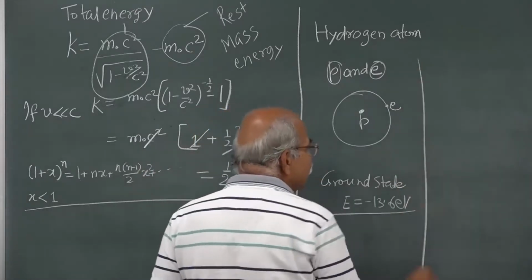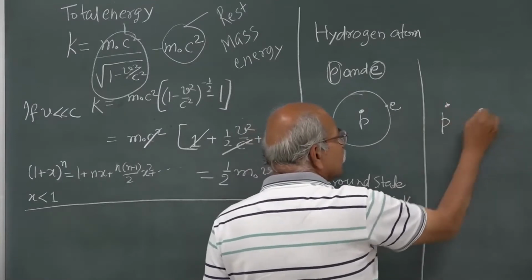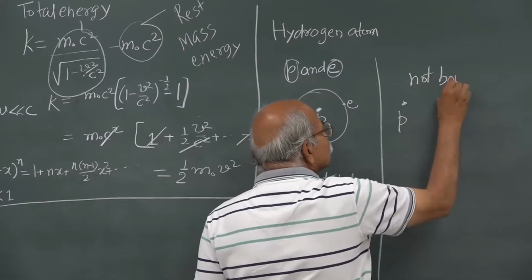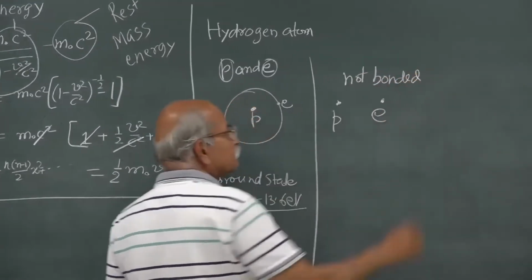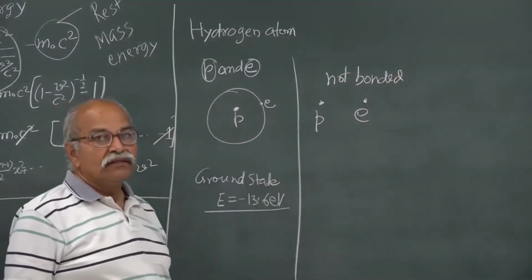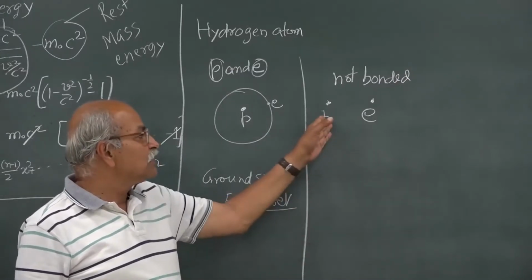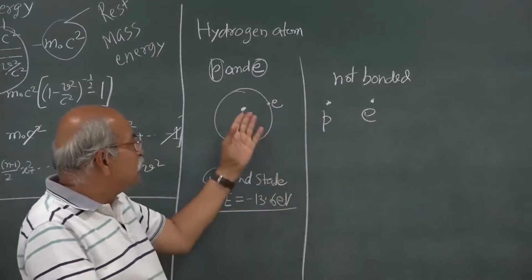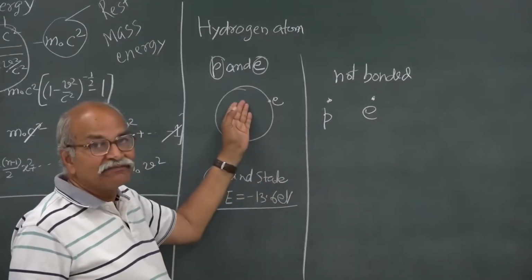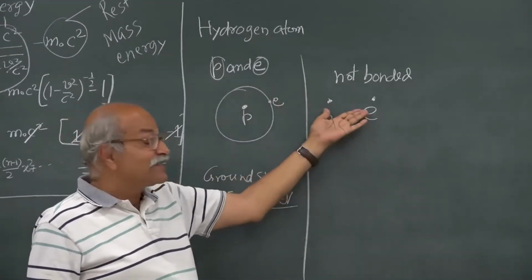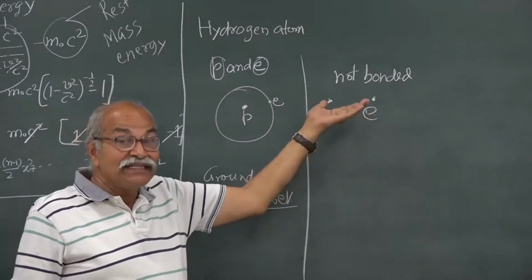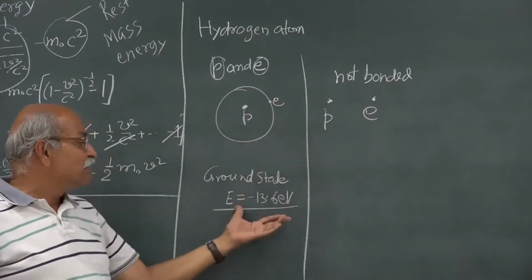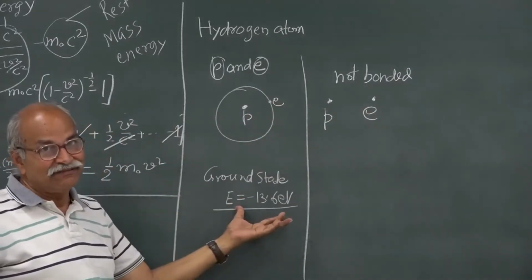So, if you have a proton and an electron which are not bonded, no bonding, this is a combination of proton and electron, but when they are bound it becomes a hydrogen atom.